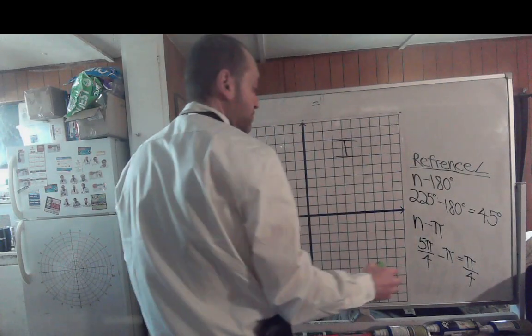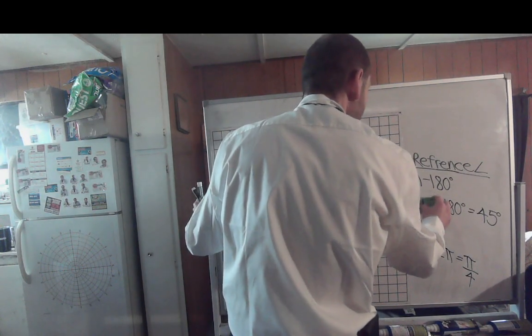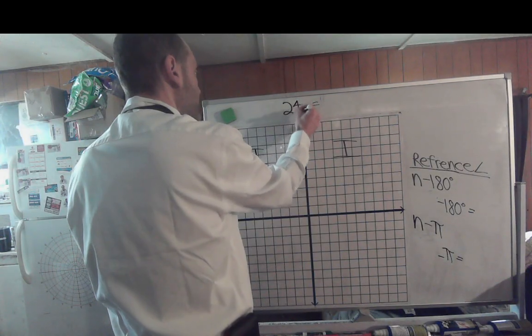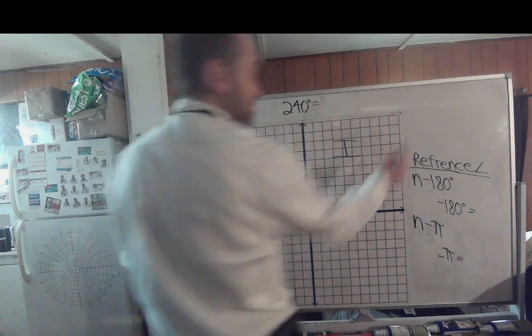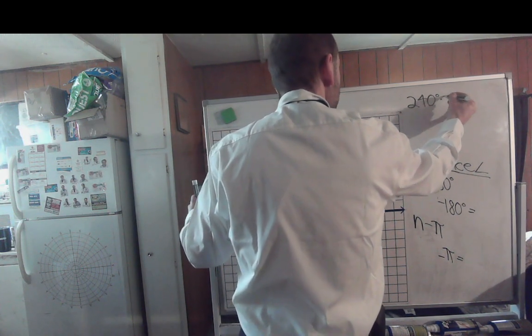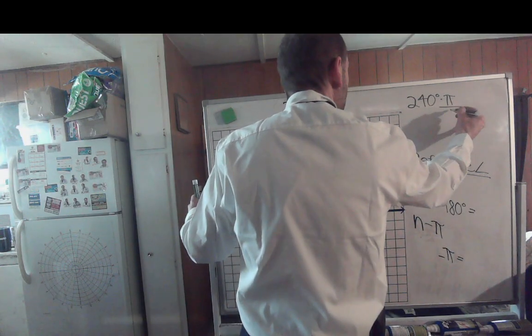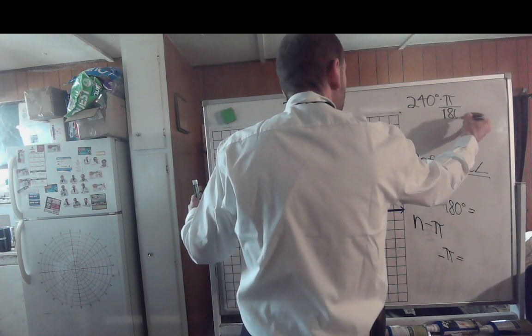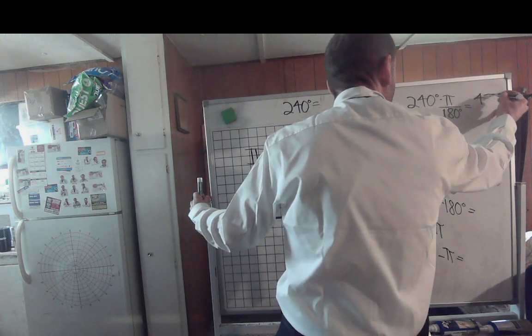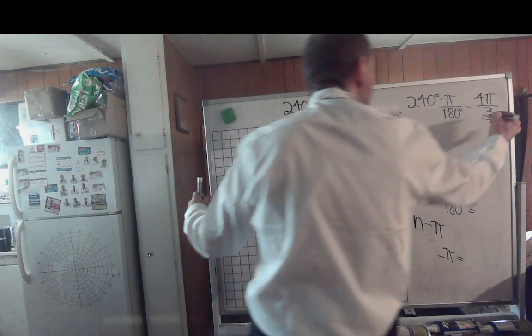Let's do a 240 degree angle. So we are going to do a 240 degree angle. So let's convert that to radians. 240 degrees times pi over 180, well, that's going to be the same as 4 pi over 3.